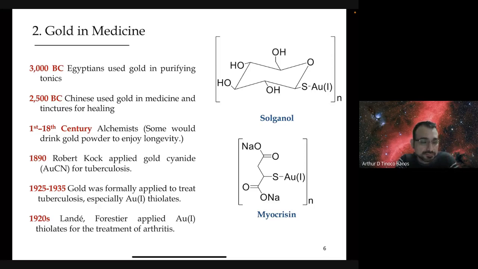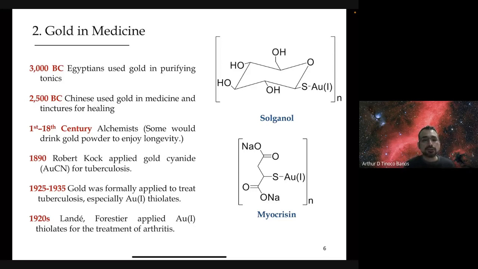In the 1st and 18th century, alchemists would use gold, and some of them would actually drink gold powders to enjoy longevity. In 1890, Robert Koch applied gold cyanide for tuberculosis. In 1925 to 1935, gold was formally applied to treat tuberculosis, especially gold thiolates.